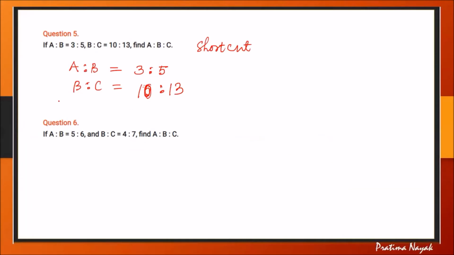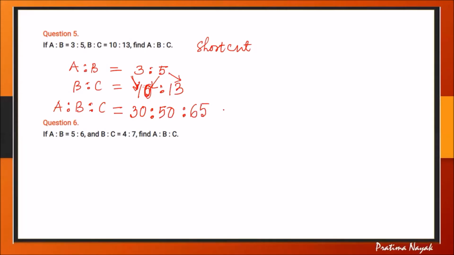Then I'll write A is to B is to C is equal to, first you multiply 10 into 3, it will be 30. Then you multiply 10 into 5, it will be 50. Then you multiply 5 into 13, how much? 65.